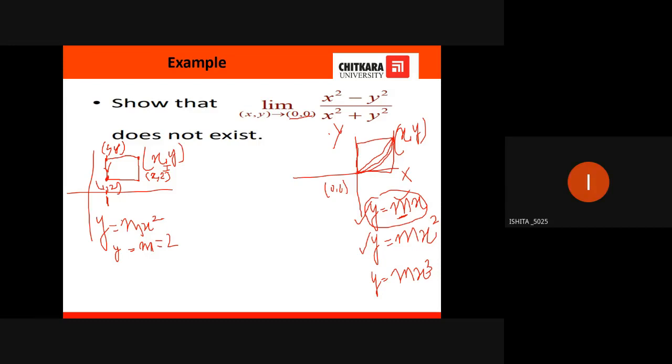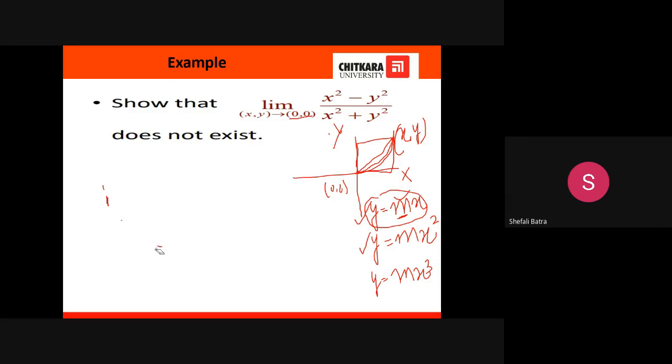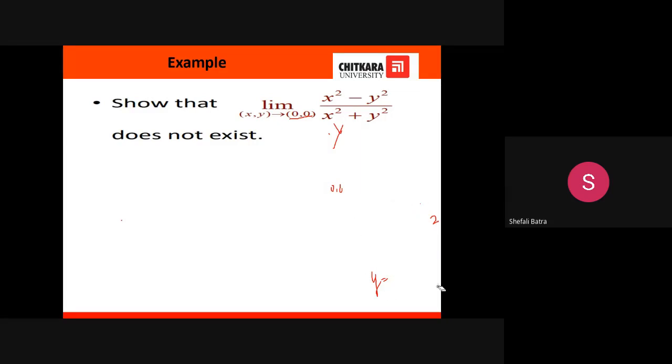Yes, ma'am. Okay. Now come to the solution of this question. As I told you, we will check path 1, path 2 in case of origin, then path 3, and so on. So first we will follow path 1.